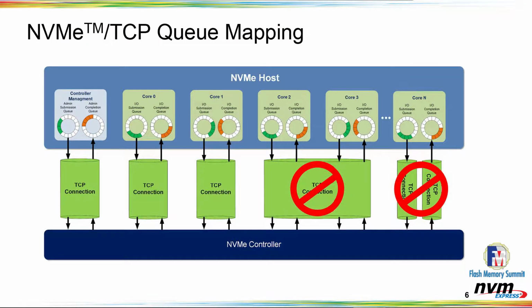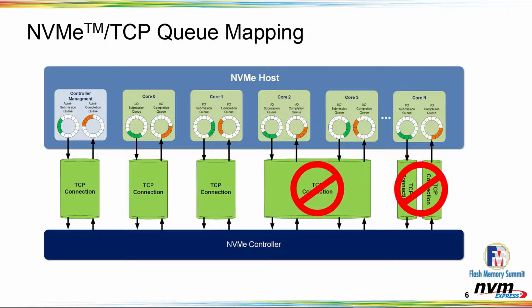If you look at the queuing model, or the queue mapping, for NVMe over TCP, basically every NVMe submission and completion queue pair is mapped one-to-one to a bidirectional TCP stream, or a socket, however you want to call it. And that maps one-to-one to every individual queue.